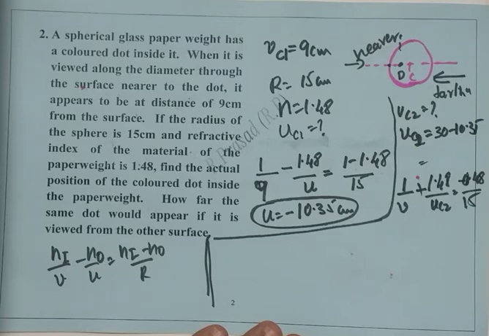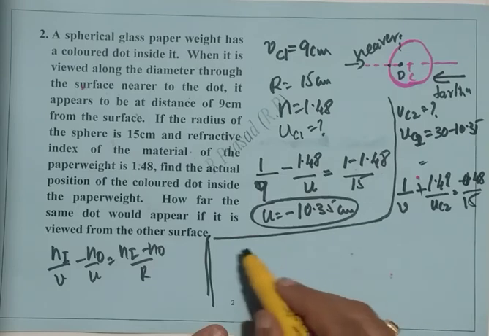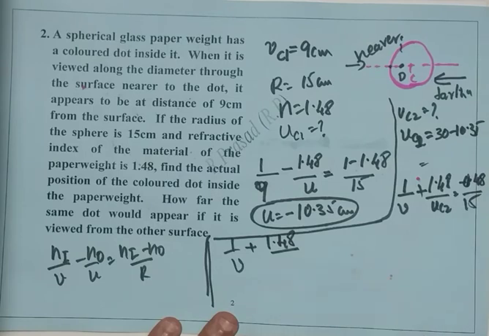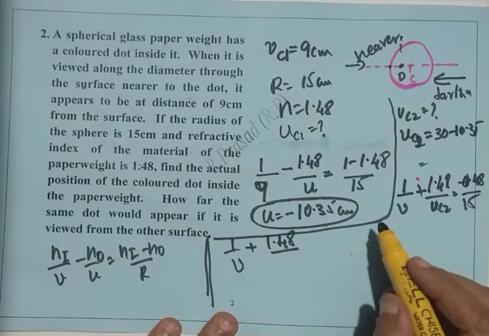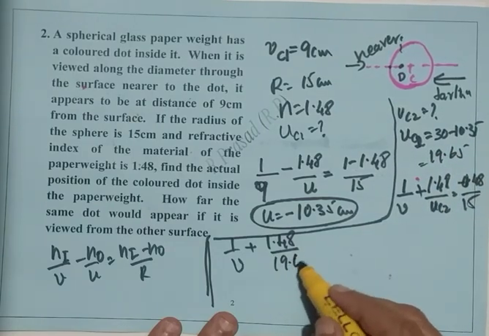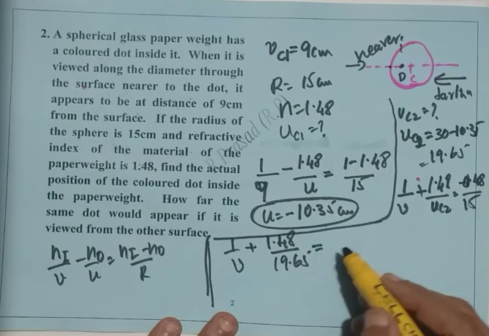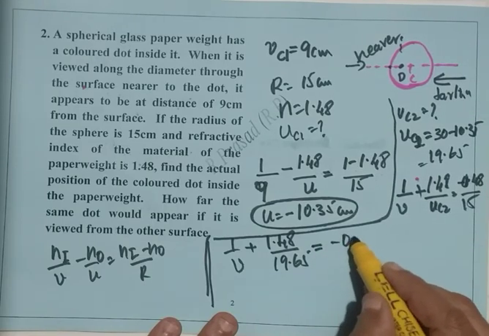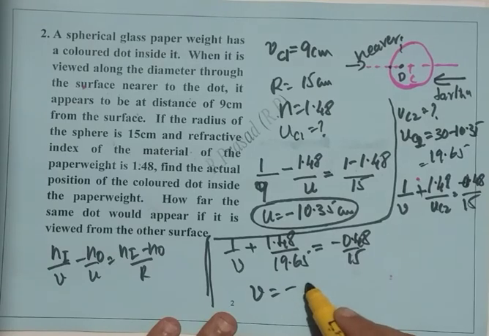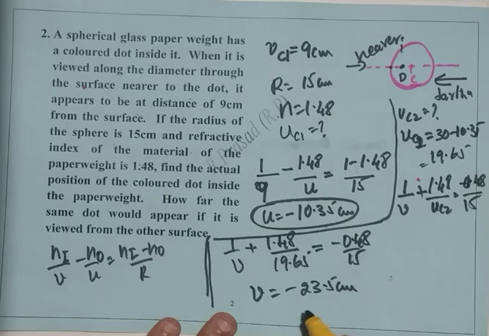Now if we substitute everything, 1 by V plus 1.48 by UC2, which is 19.65, equals minus 0.48 by 15, which amounts to, finally, V equals minus 23.5 centimeter.